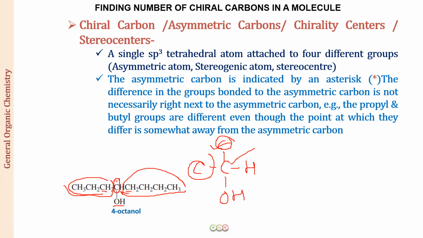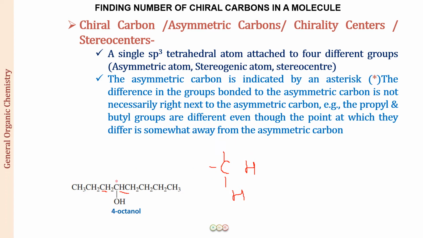If I write a P over here for propyl and a B over here for butyl, then you can see that there are 4 different groups surrounding the carbon, and hence this carbon is going to be a chiral carbon. So what do you have to identify? You have to identify 4 different groups around a carbon, and it has to be 4 sigma bonds that this carbon is making. That is also very important that you remember, right? 4 sigma bonds, 4 different groups around the carbon.